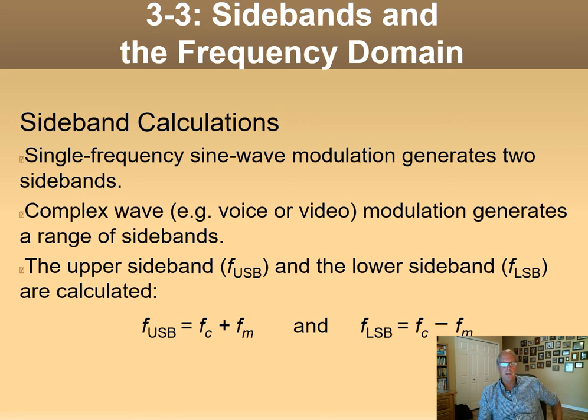So for example, if you have a carrier frequency which is 500 kilohertz, and you have a modulation frequency which is 10 kilohertz, you're going to get a sideband at 500 plus 10 kilohertz and 500 minus 10 kilohertz, or 490 kilohertz, and then another one at 510 kilohertz. Those are the 2 sidebands.